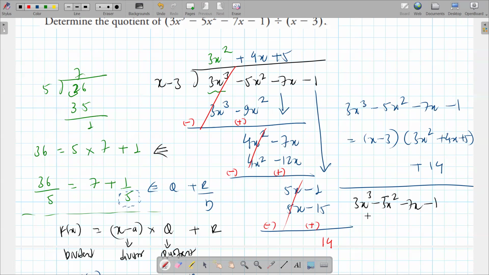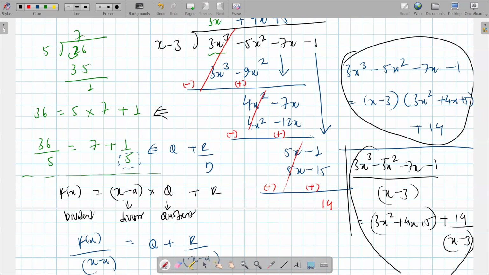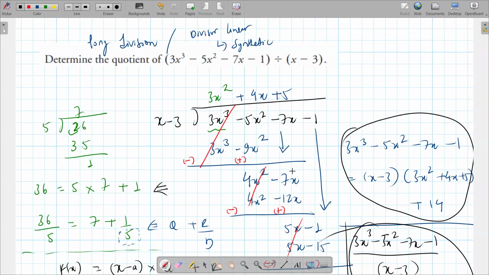We do this divided by x minus 3, and then that is going to be equal to 3x squared plus 4x plus 5, our quotient, plus our remainder divided by our divisor. So both of these would be the final answer to this question. And that's how you do polynomial long division.